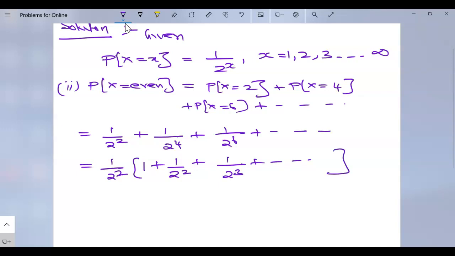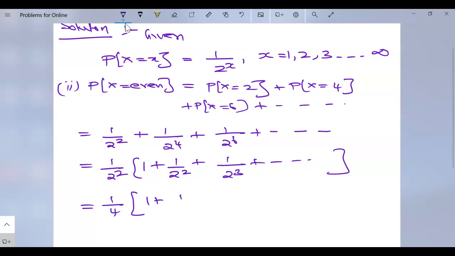Okay. I will rewrite this again. 1 by 2 squared is 1 by 4. But here I wouldn't simplify like this. 1 by 2 squared, like this we have. It would have been better: 1 by 2 cube, we are having 1 plus x squared, 2 power 3.